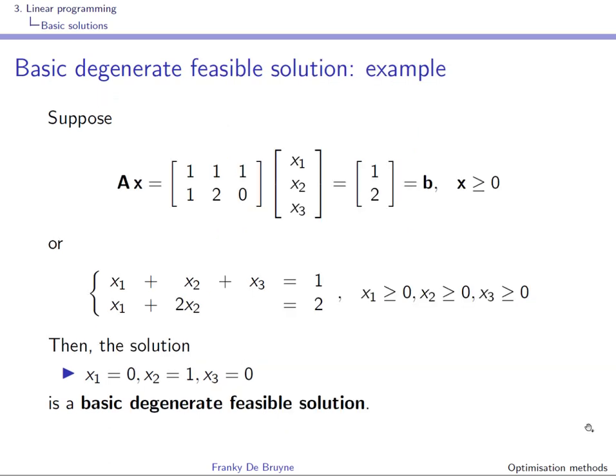And indeed, among the basic solutions, there is only one that is feasible, and it also turns out to be degenerate, because we have x1 equal to 0 and x3 equal to 0. So here we have a basic degenerate feasible solution.